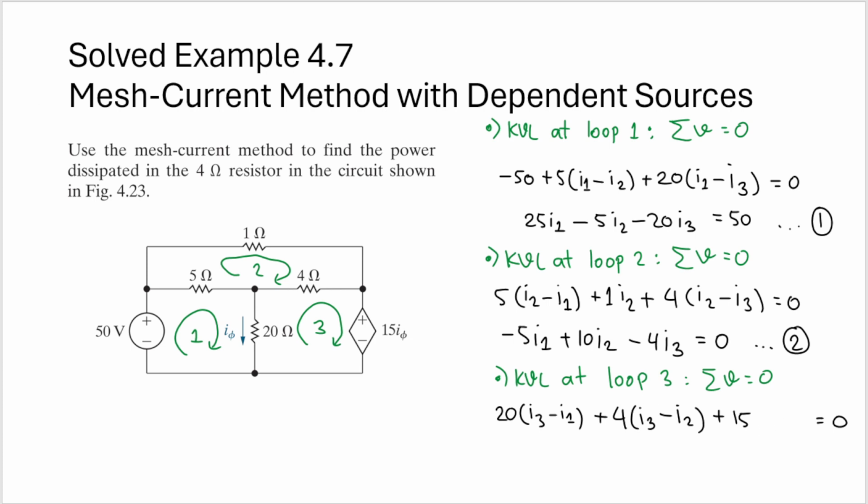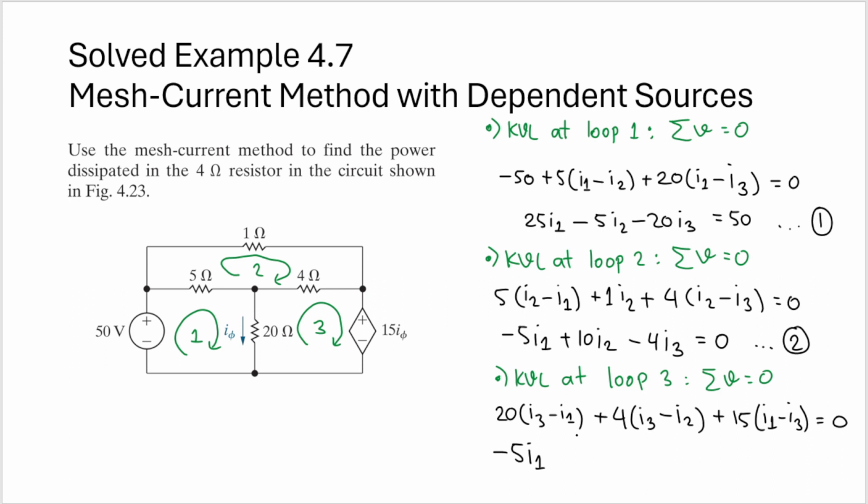So this one will be 15 I1 minus 15 I3. Now we have to be careful here. For I1, I will have minus 20 and plus 15, so I will have minus 5 I1. And then what about I2?